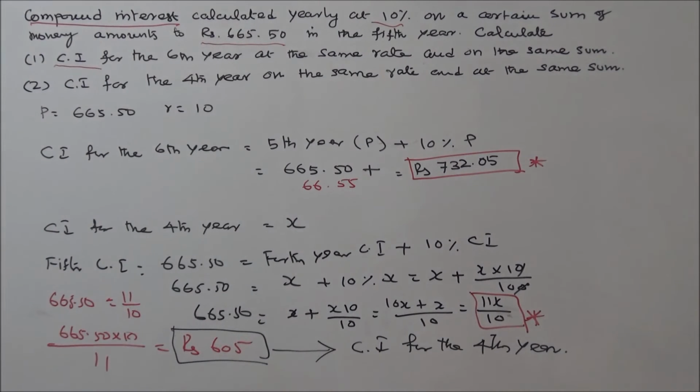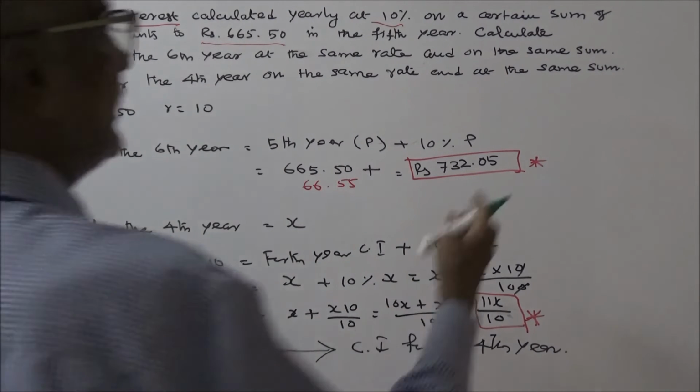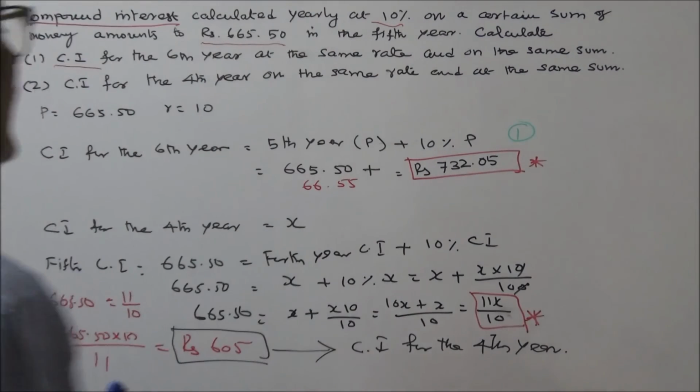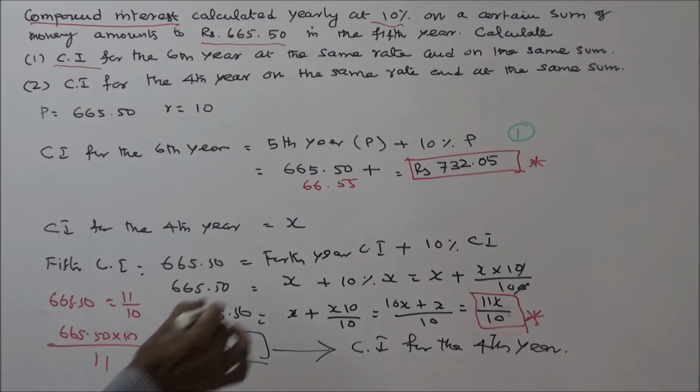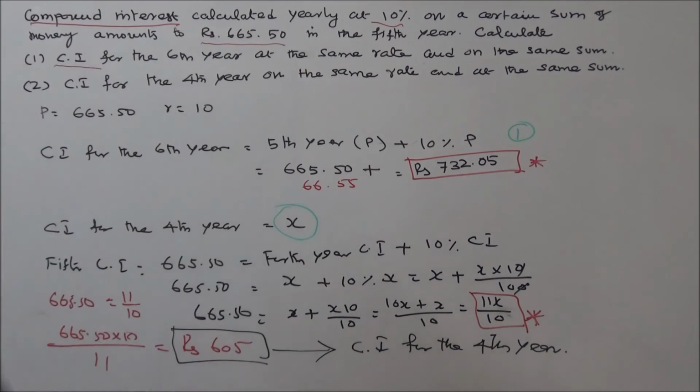The first question's answer is 732.05. For the second question, we don't know the compound interest for the fourth year, hence we put x, that is x plus 10% of x.